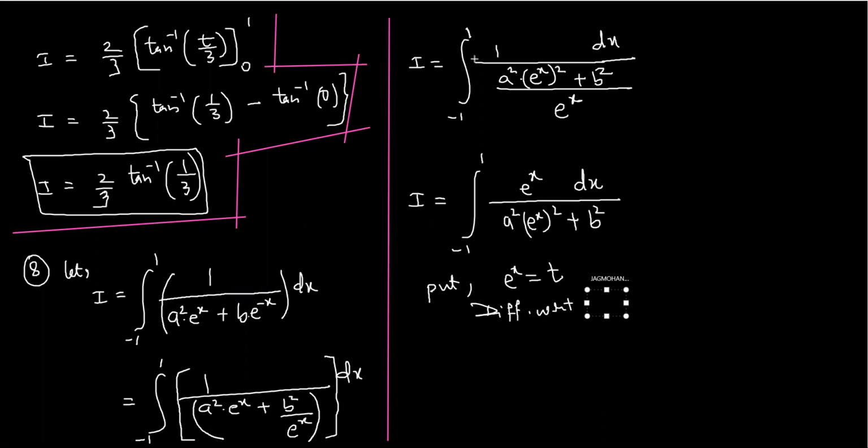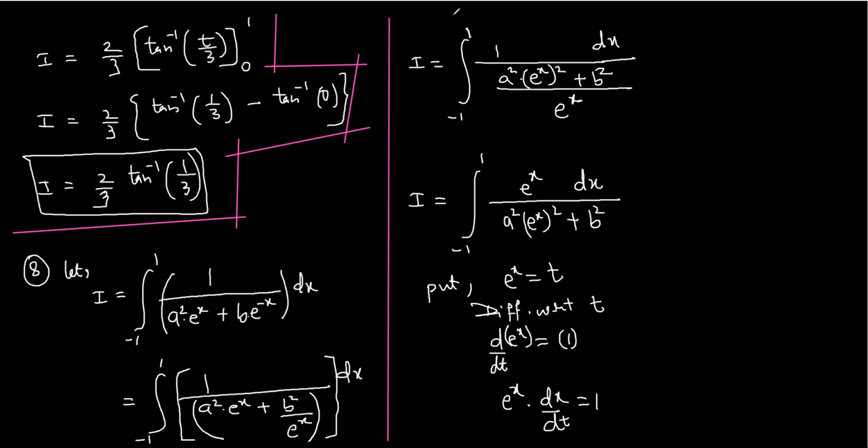Suppose I had differentiated with respect to t, then what would have happened? This would have been d by dt of e raised to x, and this would have been 1, since d by dt of t is 1. Now the derivative of e raised to x with respect to t is e raised to x into d by dt of x, and this side you have 1.